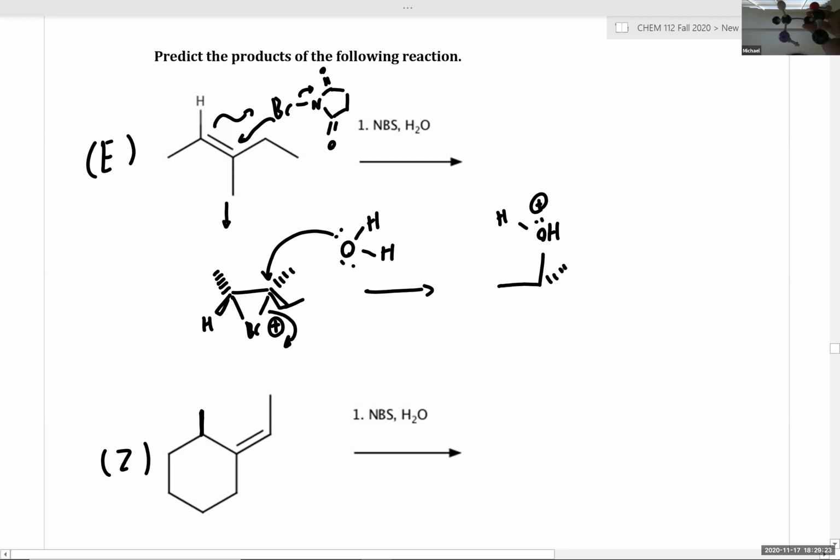Okay, we have our methyl in the back, our ethyl in the front. Okay, so now that we have this set up, let's just draw a quick deprotonation step.